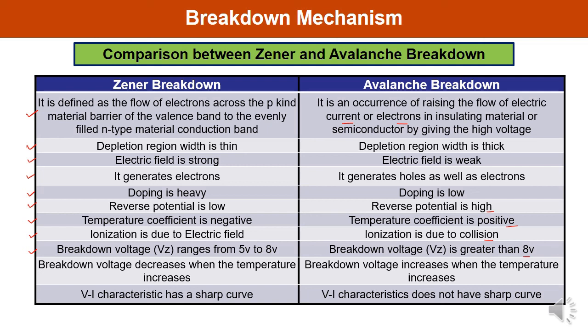Zener breakdown voltage decreases when the temperature increases, meaning a negative temperature coefficient, while avalanche breakdown voltage increases when the temperature increases. In case of Zener breakdown, the VI characteristic has a sharp curve, while in case of avalanche, the curve is not that sharp. So these are the various parameters upon which you can differentiate the Zener and avalanche breakdown.